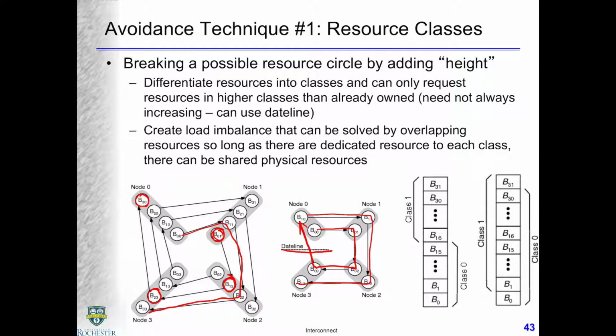So the classic idea is to overlap the resource. So I may have these buffers dedicated for class 0 or height 0, these dedicated for height 1. So I may be going to a node where I don't have any class 1 resource, but I have lots of class 0 resource.